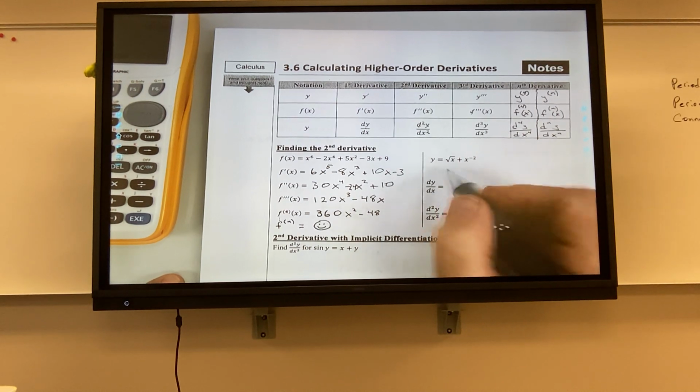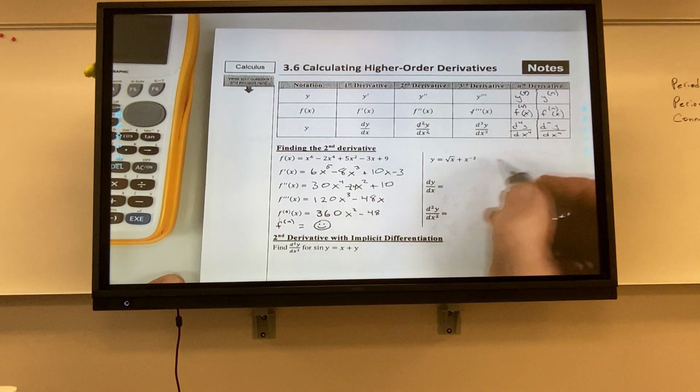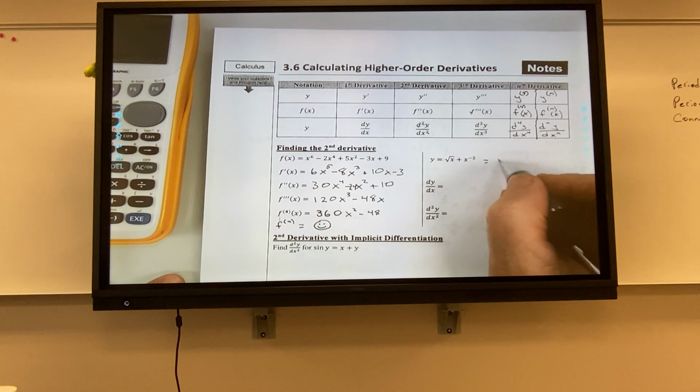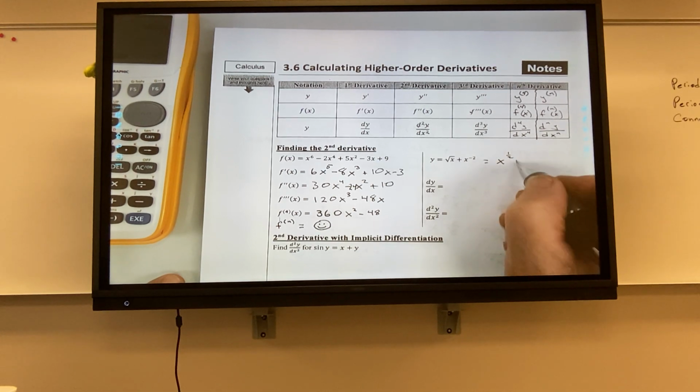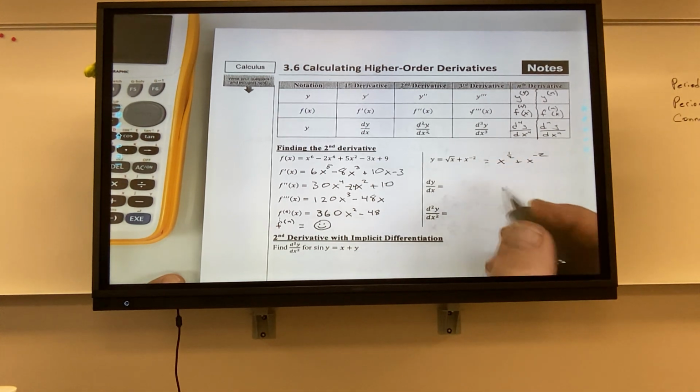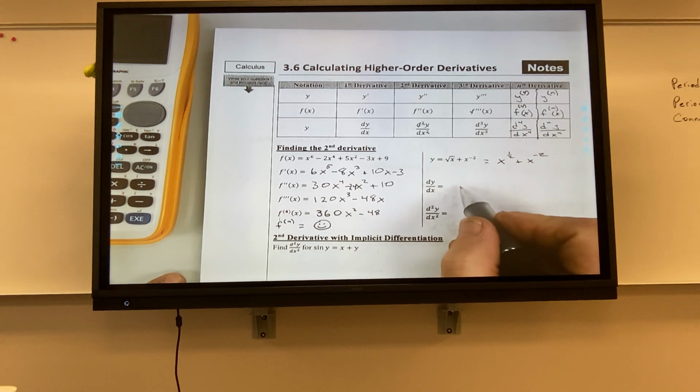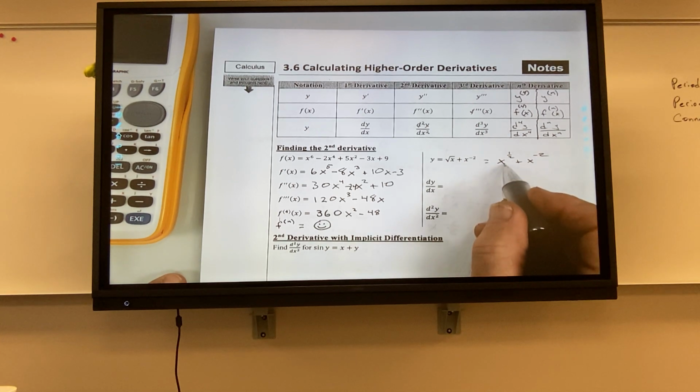Okay. The derivative of, this is the same, Callan, is x to the 1/2 plus x to the negative 2, correct? What's the first derivative? Square root of x. Take the derivative of this.